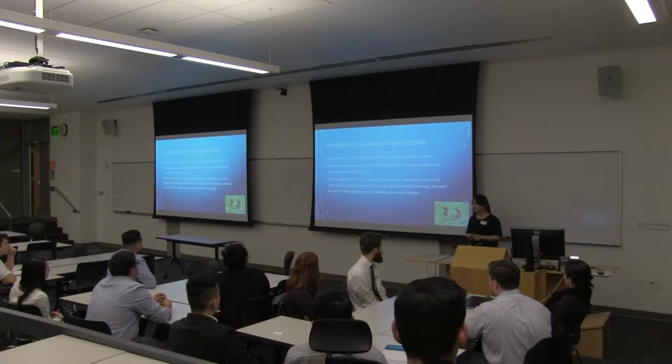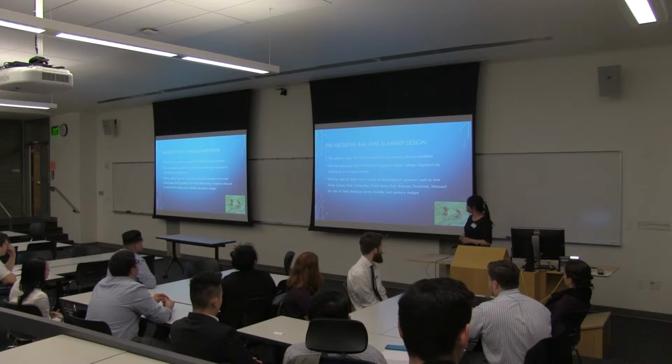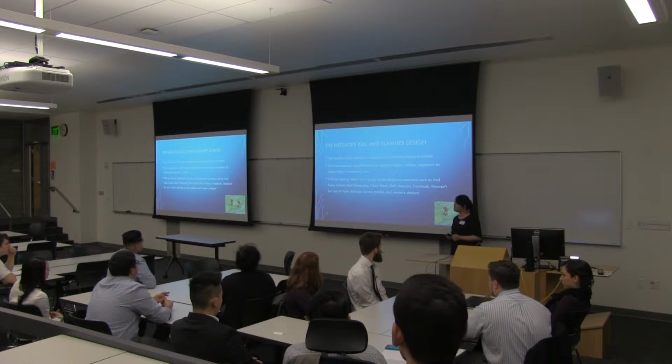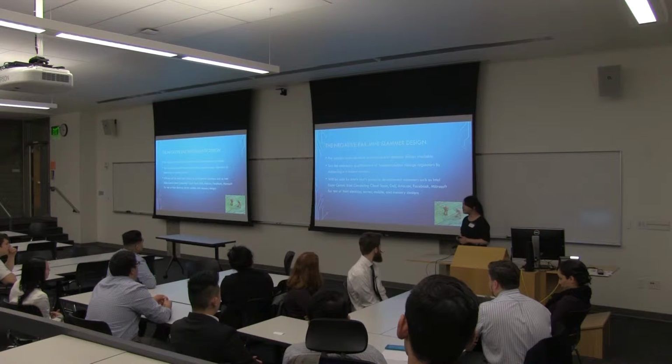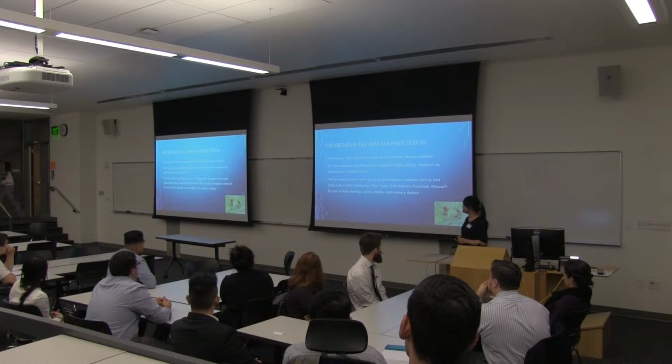Now let's talk about our project, the Negative Rail Mini Slammer. Why did we work on this project? The reason is the industry does not have a negative rail mini slammer design available. However, positive voltage regulators are no longer sufficient. Therefore, a new test device, the Negative Rail Mini Slammer, is needed.